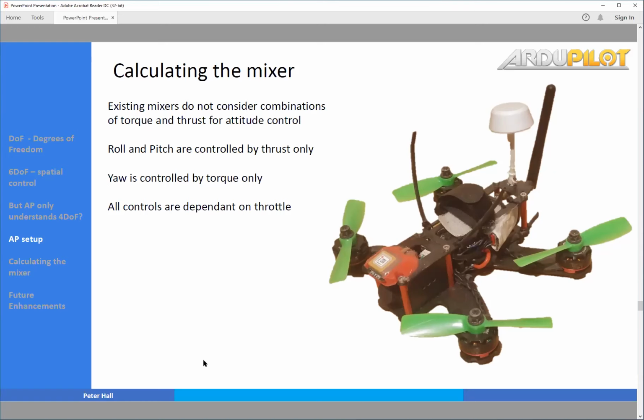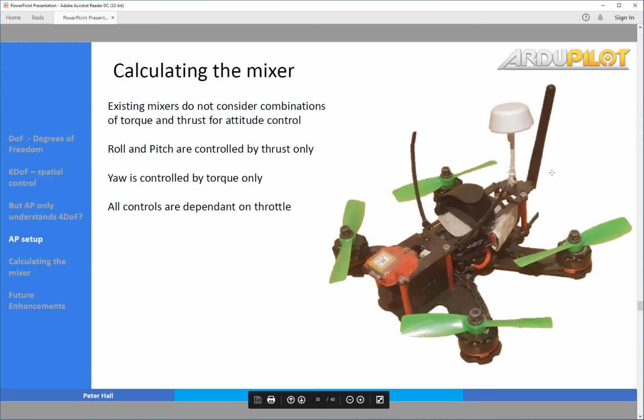On a normal quadcopter, pitch is controlled by a change in thrust only, roll is controlled by a change in thrust only, and yaw is controlled by a torque only. So you don't have to deal with thrust and torque contributing to one axis. That makes it a little bit more complicated.